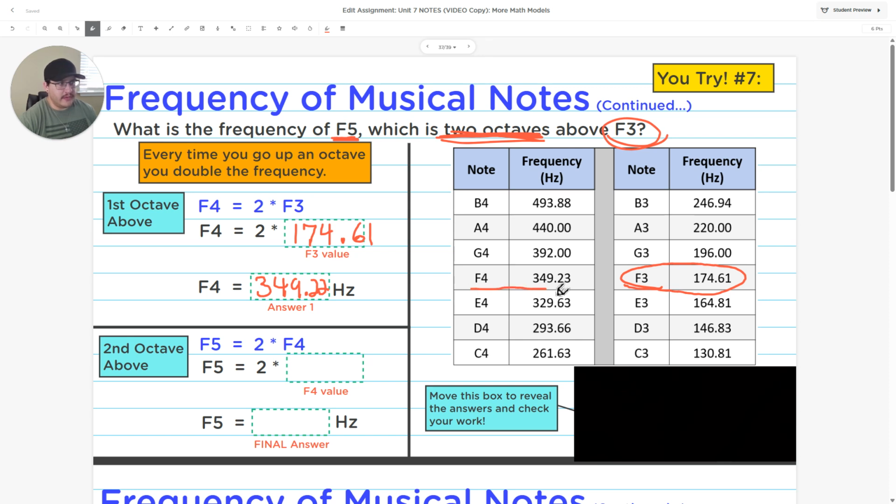Notice how it's a little bit different here. This is rounded. So these are all values that are rounded to better use them in our calculations. This is our answer that we've calculated for right now.